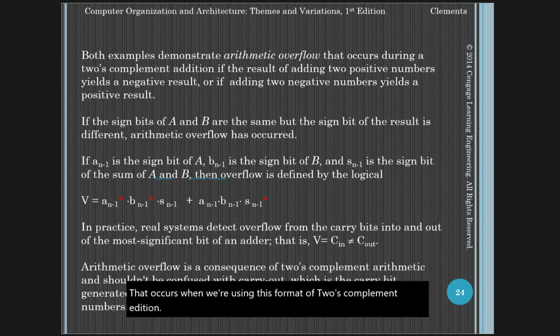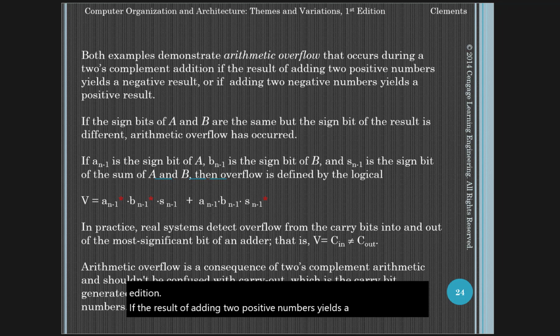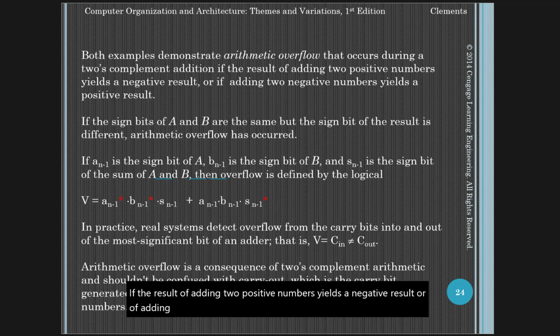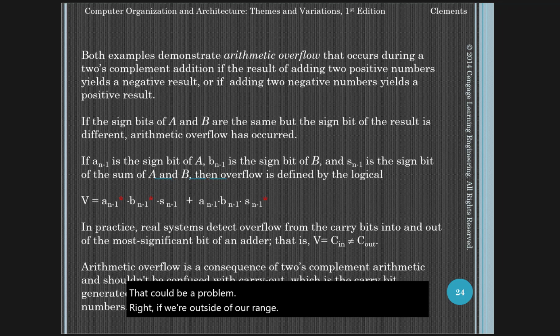If the result of adding 2 positive numbers yields a negative result, or if adding 2 negative numbers yields a positive result, that could be a problem, if we're outside of our range. If the sign bits for A and B are the same, but the sign bit of the result is different, then we can see that arithmetic overflow has occurred.